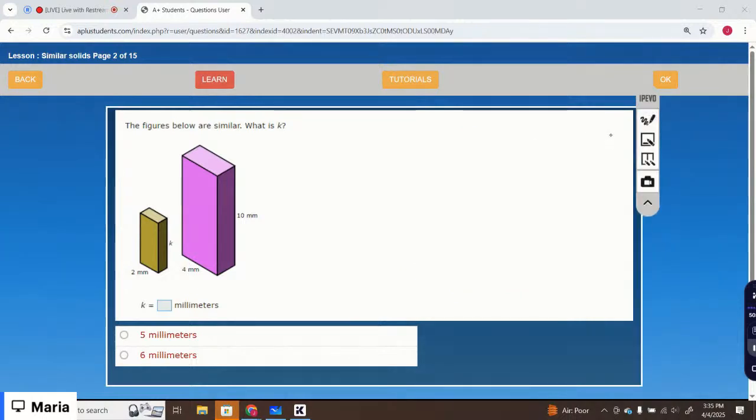Option number 1 is the correct option. That is 5 millimeters.